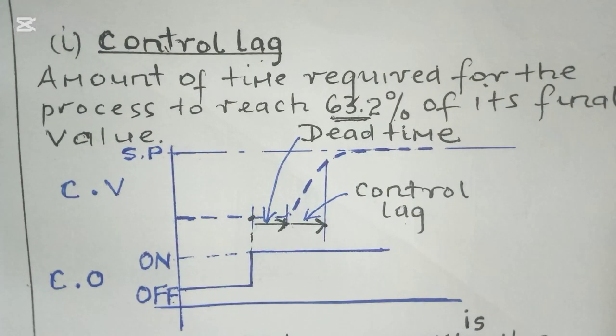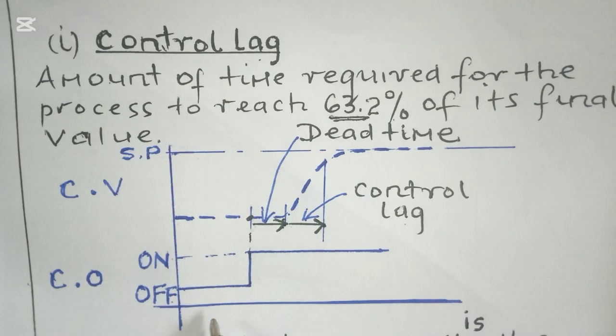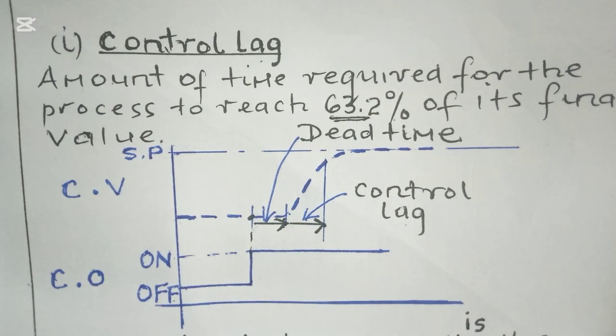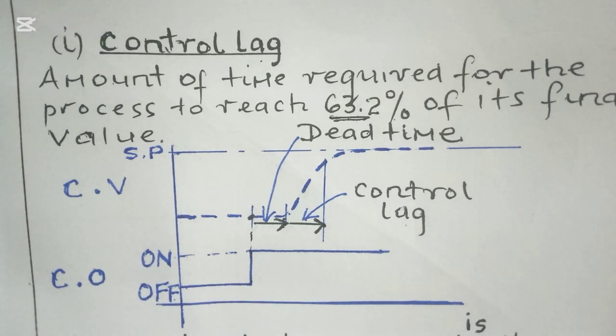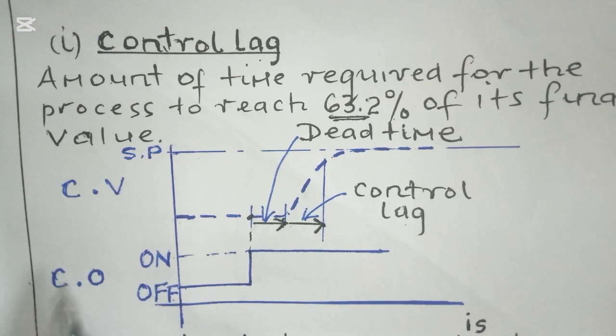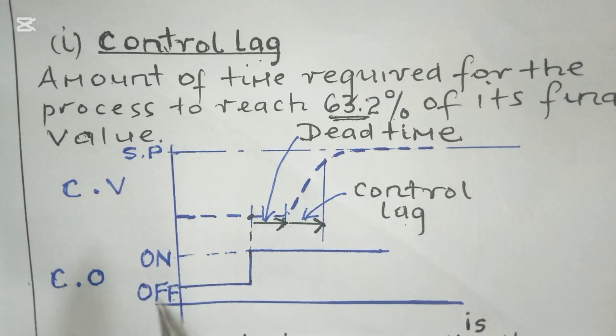Guys, before we come to answer the question of control lag, we have a graph, and this graph has two components. First, it has the controller output. The C represents controller output.